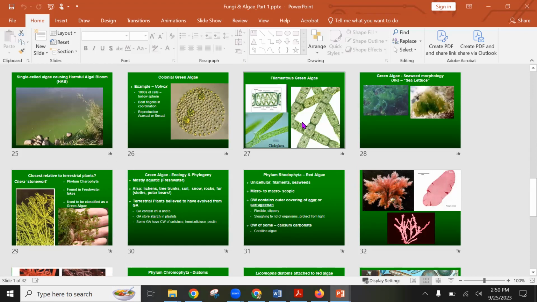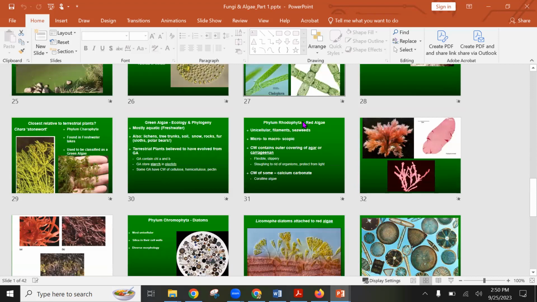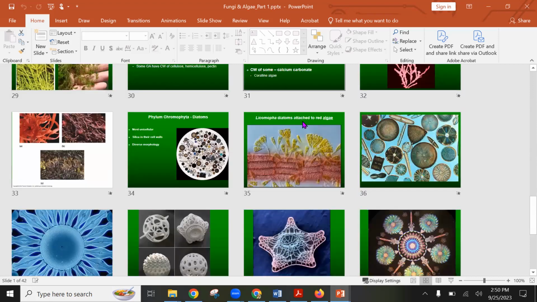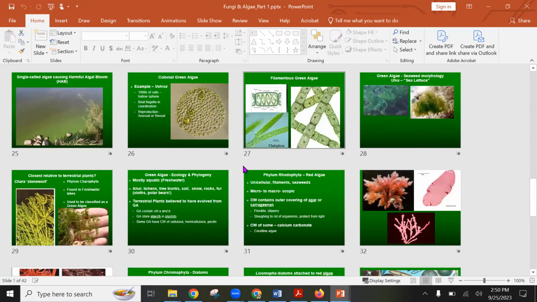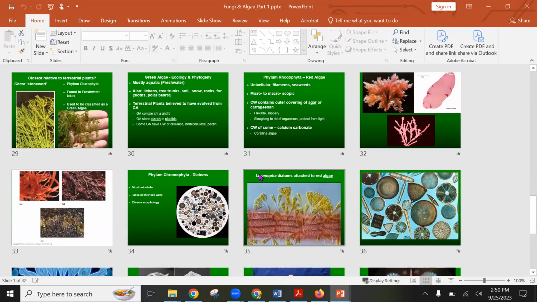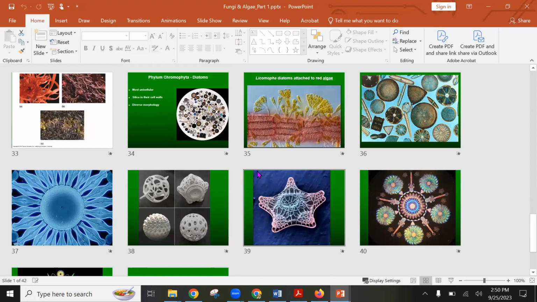We only really covered green algae, red algae, and diatoms, right? That's it. So the chlorophyta, rhodophyta, and chromophyta. The phylum names you do need to memorize.